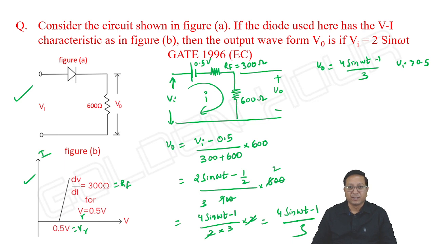It's not true for all values, because 4 sine omega t has positive and negative values. But the output voltage is always positive for all values of input. The diode output minimum is 0, and output maximum means 4 minus 1 by 2, that is 1 volt. We can take the output as having a maximum amplitude of 1 volt, minimum amplitude of 0, it cannot take negative values. This is the idea here.